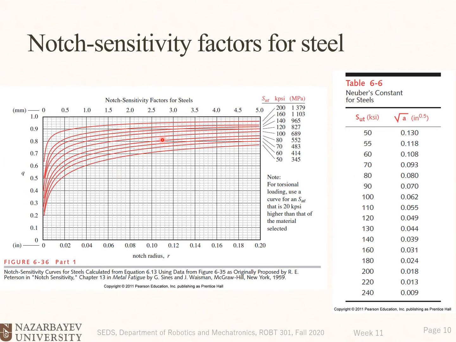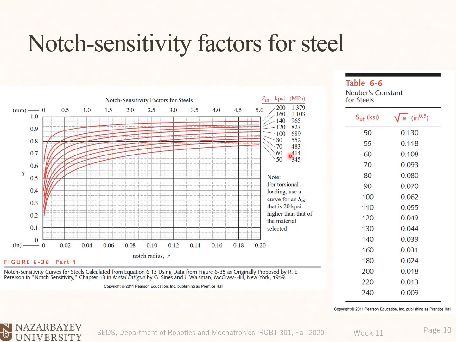Instead of using the formula that q equals 1 divided by 1 plus square root of a divided by square root of r, you could simply use these types of graphs, where you have q on the vertical axis and notch radius on the horizontal axis, plus a bunch of curves, each representing, for example, steel with different ultimate tensile strengths.